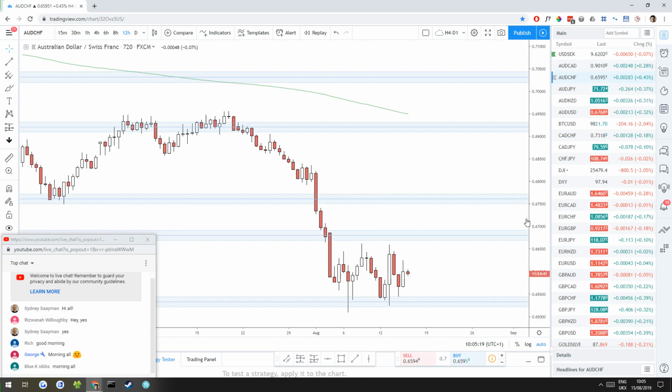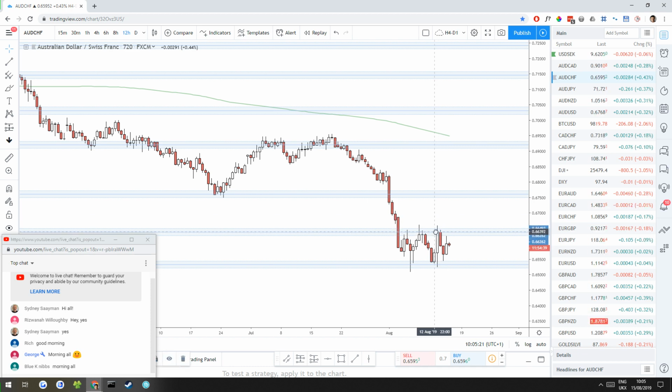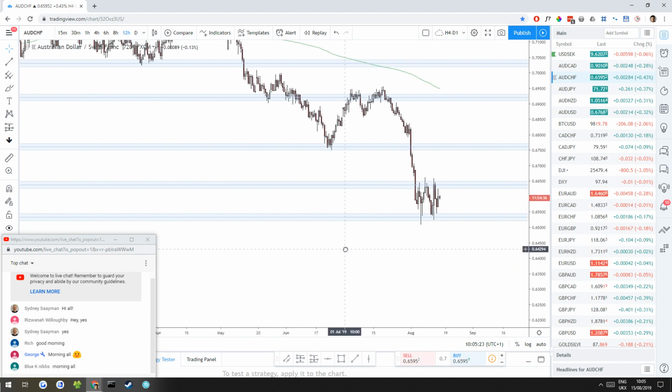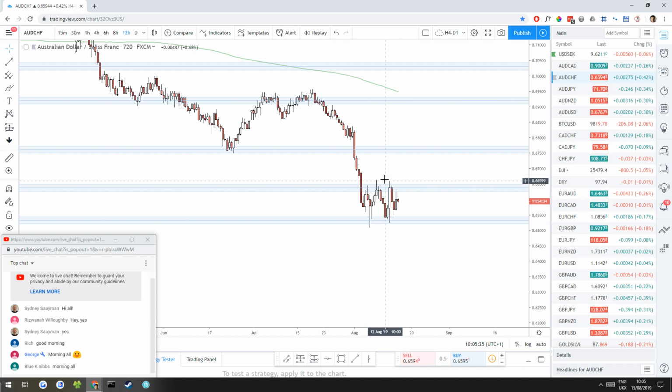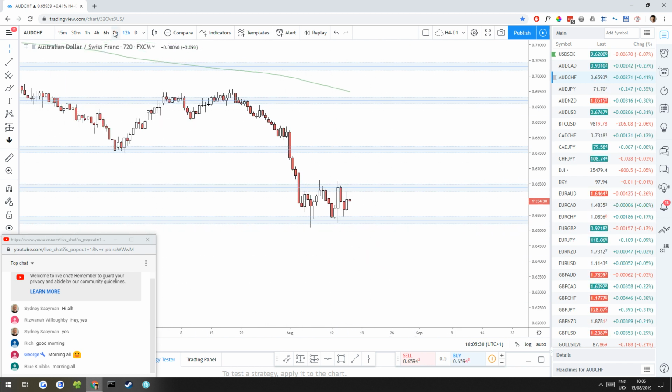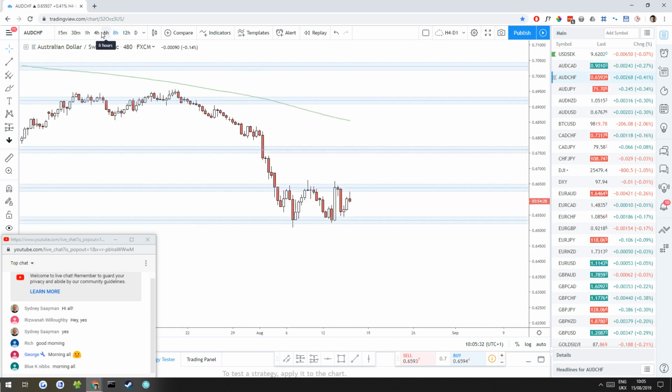AUDCHF. You know what? I'm going to tighten this a bit because it's clear that we have some bounces from there instead. We might actually have a range here. Yeah, this one's actually a confirmed range, technically speaking.